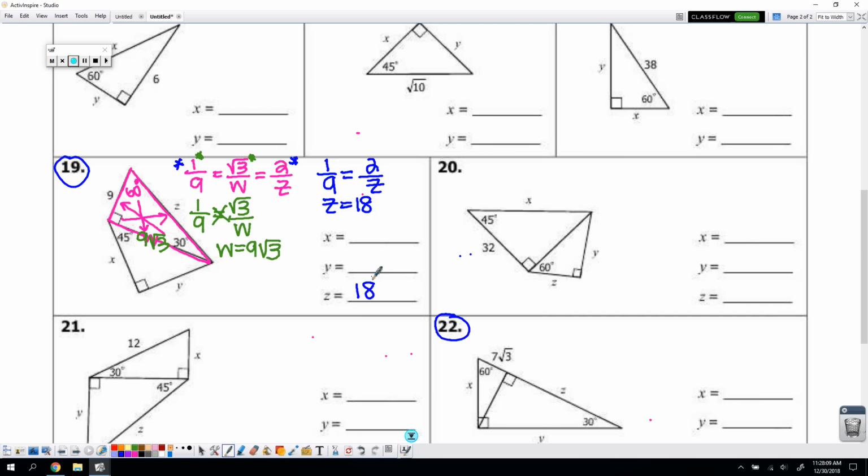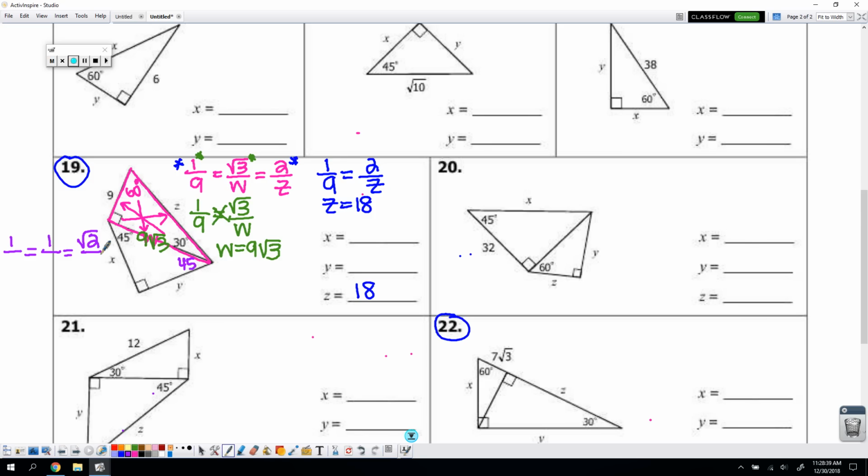Now we still need to find X and Y, so one thing I noticed is right here, this one is 45. So we have our 45, 45, 90 triangle, so we need to go back to our base model of 1, 1, square root 2. And this is something that you have to memorize. The only way to do these problems is if you know your base model. Okay? So 1, 1, square root 2.